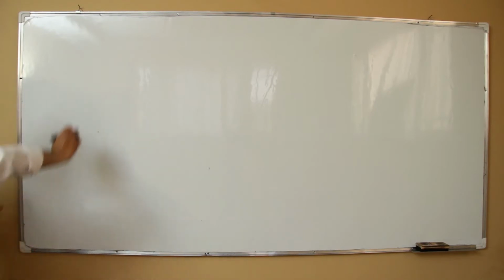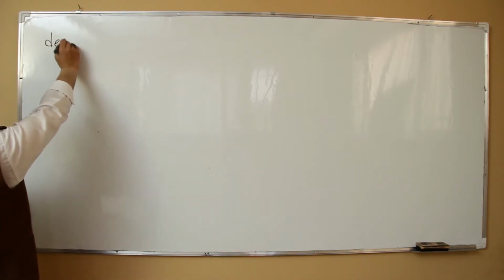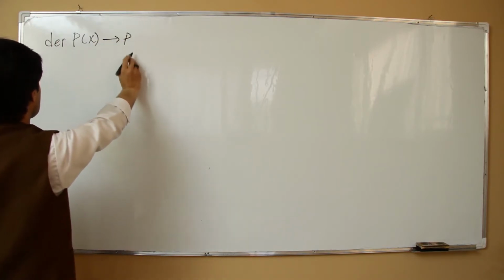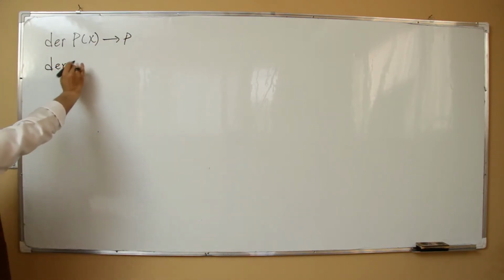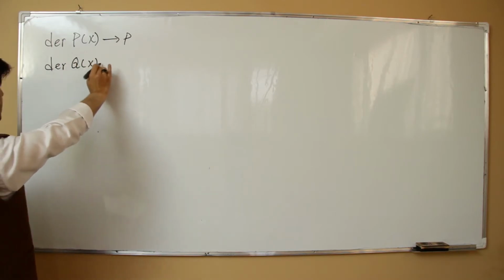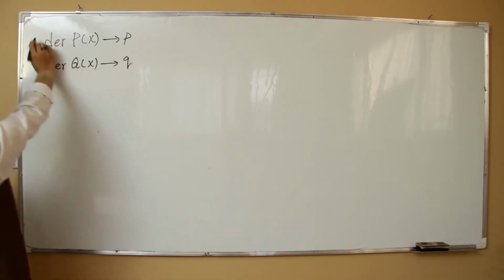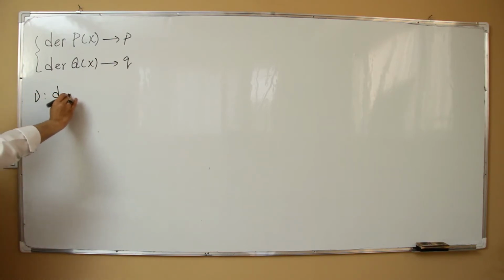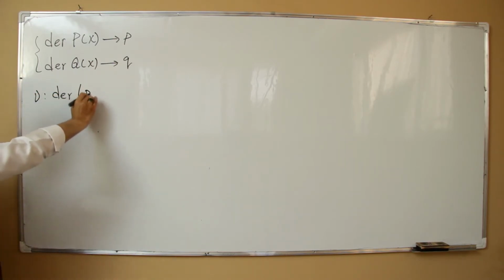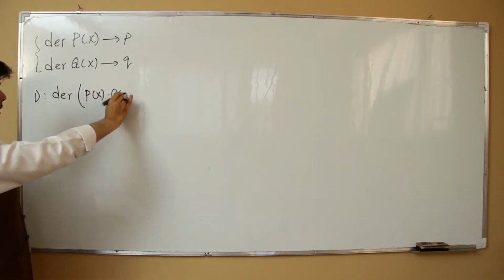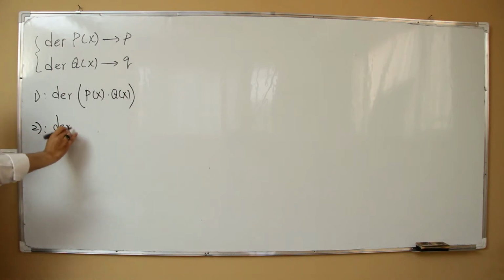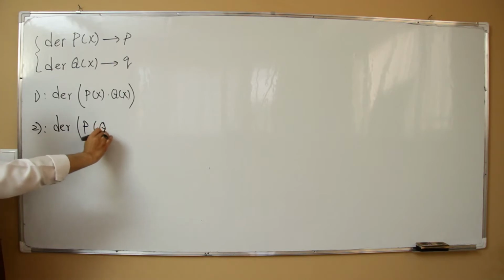Come to the degrees. Whenever you have a polynomial p(x) with degree p, and another polynomial q(x) with degree q. First, what is the degree of p(x) times q(x)? Second, the degree of p(q(x)).